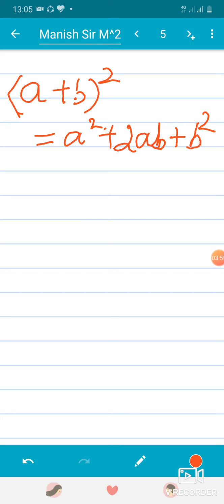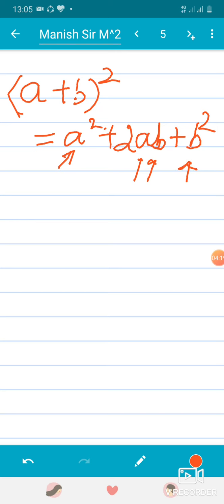If these are the variables, then first variable plus second variable whole square is equal to square of first variable plus 2 into first variable into second variable plus square of second variable.